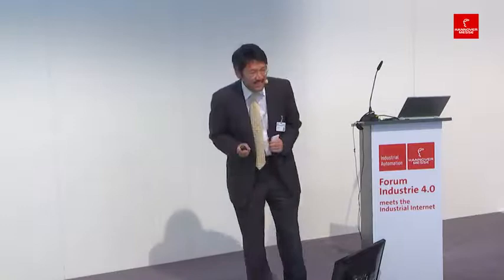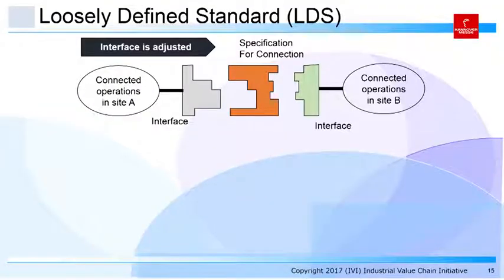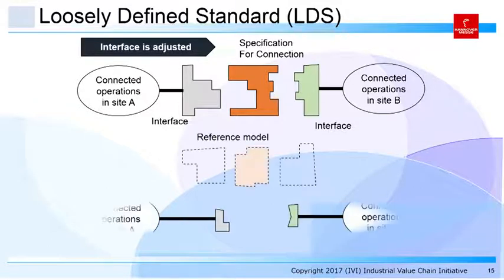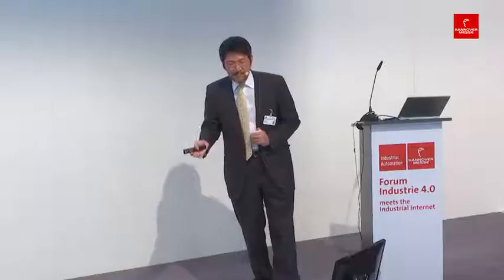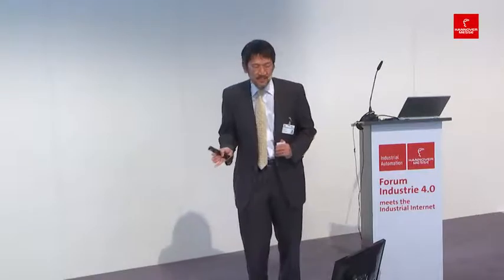So loosely defined standard is very, very difficult to understand, but it's only the concept how to make a standard, how to make a common data model from the bottom-up approach. So this only shows that the common data model can be defined every time depending on the situation of the shop floor, not from the top down, not for the super specification there.